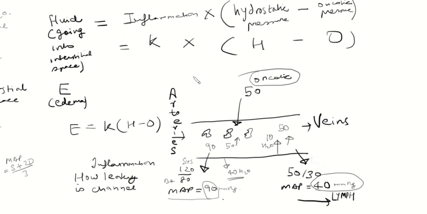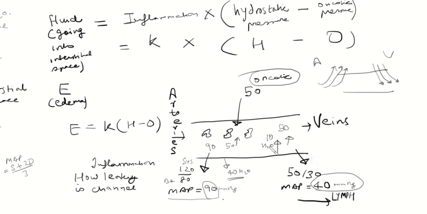So again, now when we extrapolate this, the general trend is, this is the arterial side, this is the venous side. You're going to have fluid that's generally going to tend to go out from intravascular space to interstitial space on the arterial side, and it's going to be pulled back in on the venous side.